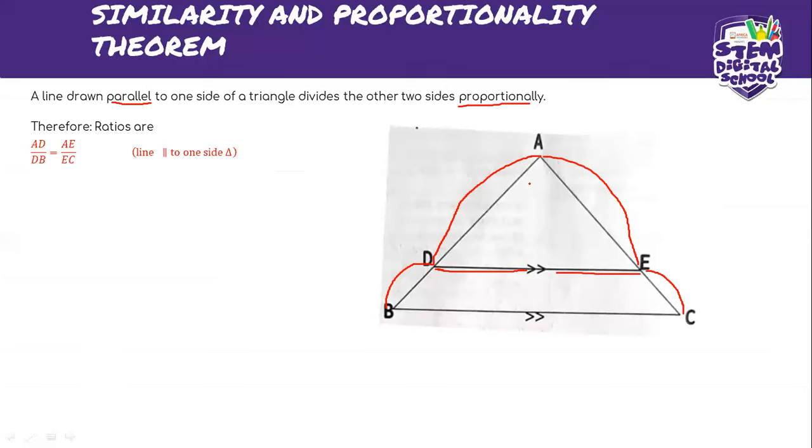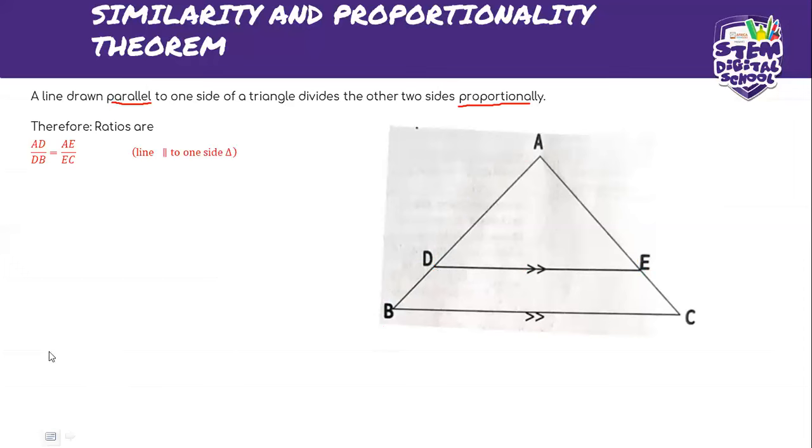The way we have moved on this side, we have to do the same with this side. For instance, we said AD divided by DB, so we must also move the same way: AE divided by EC, right? Every time you write the ratio in that manner, please write the reason for that.